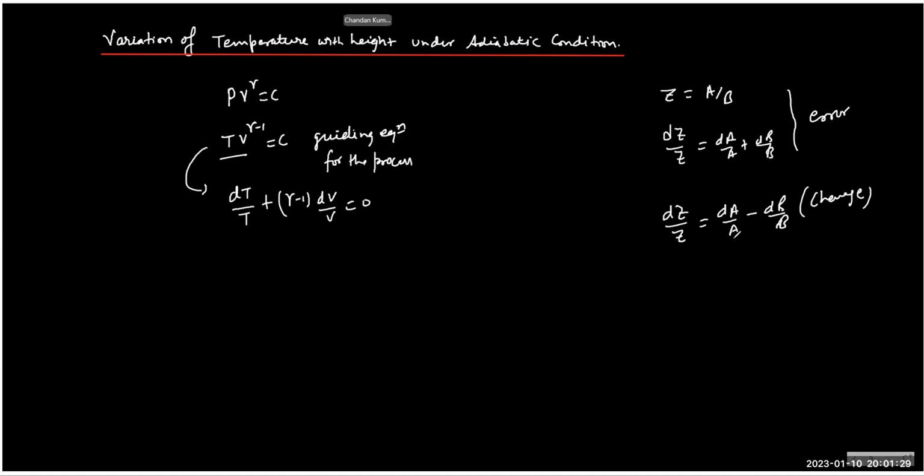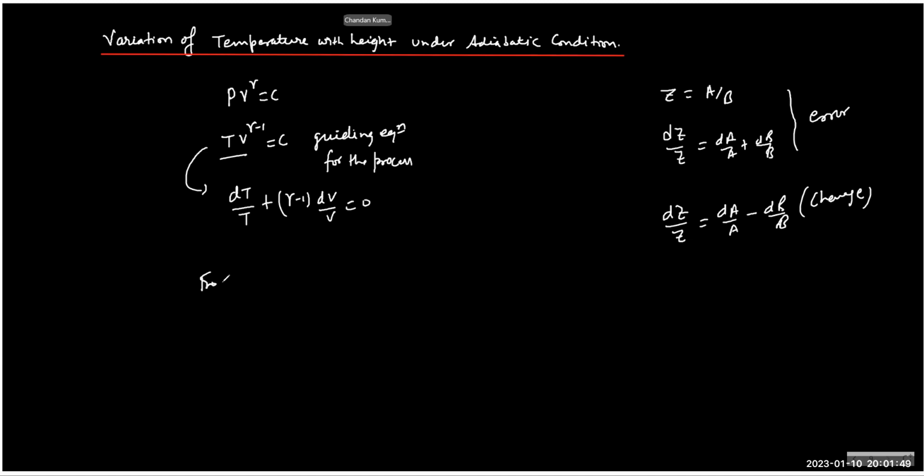So now once you get this dV by V, we know how to write dV by V. This is the one equation which I always use.